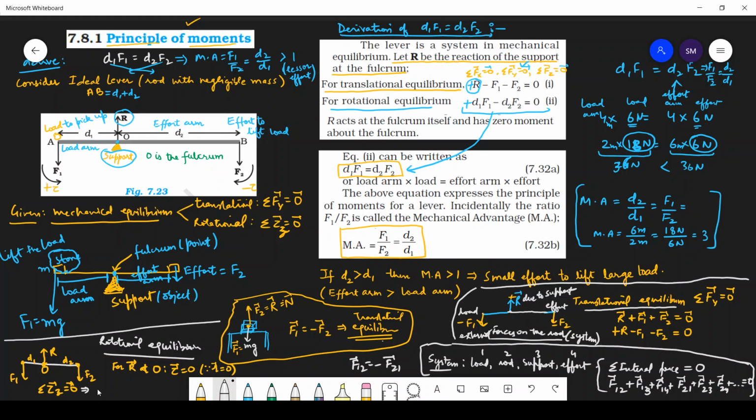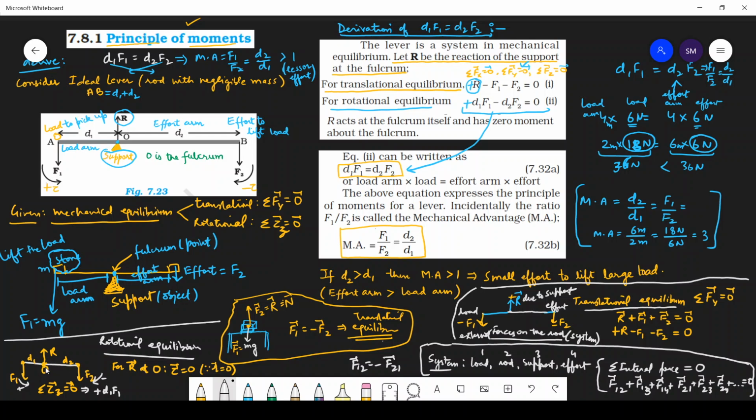Start from here. F1 D1. So what kind of force will be there? It is pressed down, so of course it will move in this direction. So that's positive direction, and you are moving it down. So here the direction will be negative. So here what is the torque? Plus D1 F1.